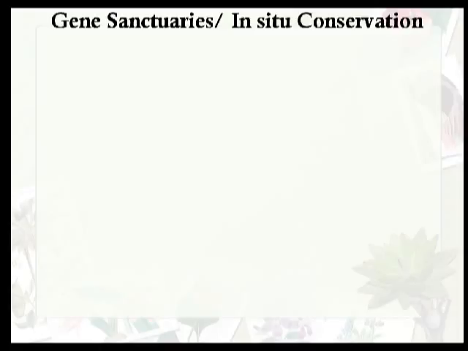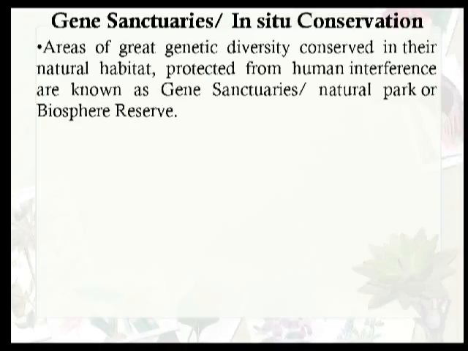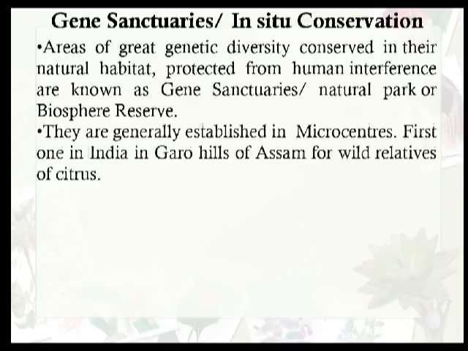In situ is, of course, implying in the natural habitat. So, areas of great genetic diversity are conserved in their natural habitat and protected from human interference. When we are protecting the germplasm in such condition, it is known as gene sanctuary, natural park, or biosphere reserve.